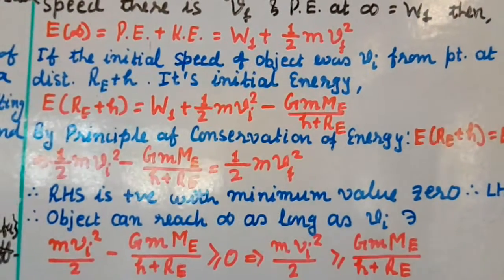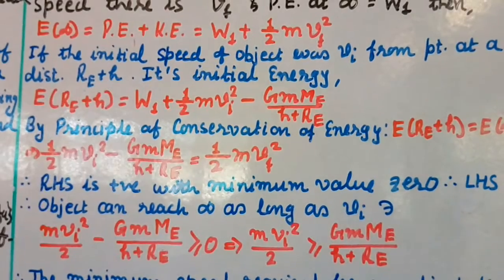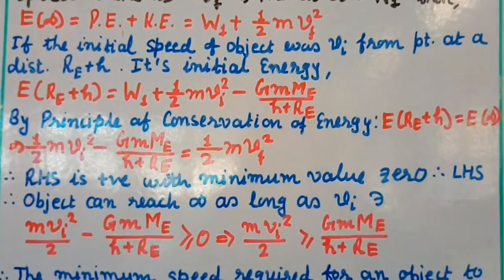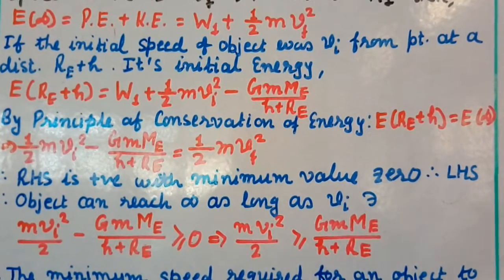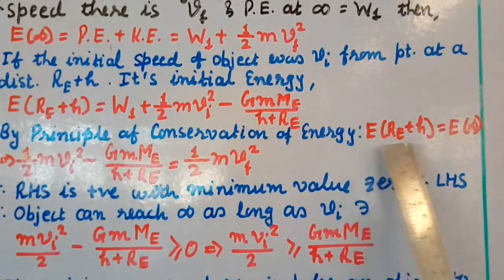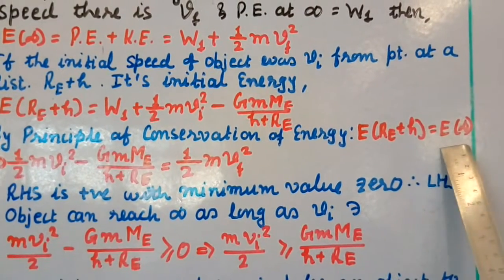Now here we are going to use the conservation of energy. By the principle of conservation of energy, the energy at infinity and the initial energy will be the same. So we can say E at Re plus h is equal to E infinite.